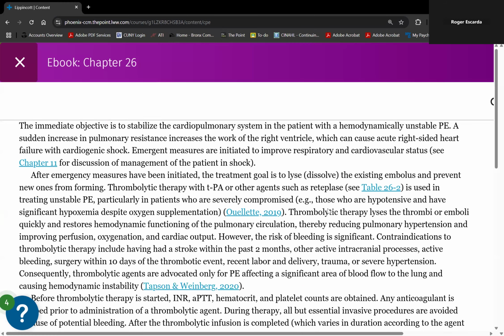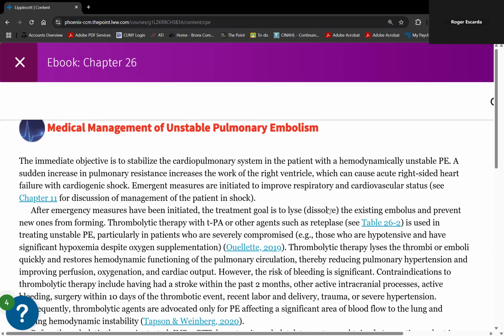Okay, so long story short, this is how you manage unstable PE or massive PE. Most of these patients go into cardiac arrest. So full ICU, intubation, mechanical ventilation, and then of course we may have to give alteplase to dissolve the clot, or if they're too big, surgical embolectomy. So we literally surgically remove the clots.